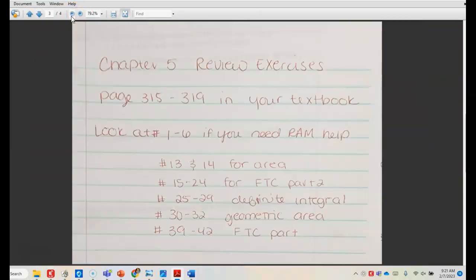If anybody thinks they need extra review tonight, those are me looking in the textbook and saying, okay, here's each different type of problem. What could you possibly need to work on? I also organized them by type of problem. So if you know you're struggling with FTC, then do 39 to 42. If you're struggling with integrals, 25 to 29, and so forth.